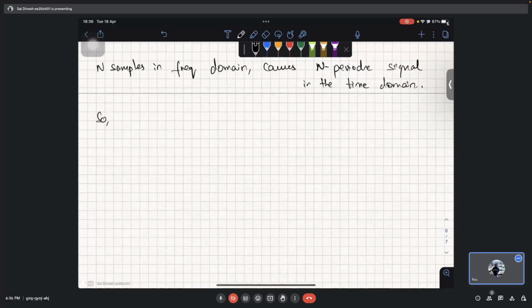So what should L be for the signal x of n not to be aliased?